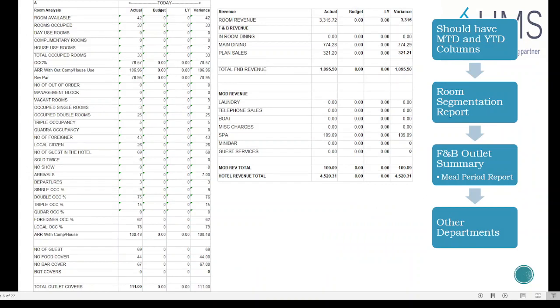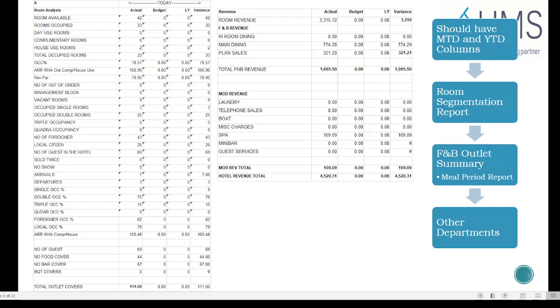Okay. And then there are usually the daily revenue reports that are generated out of the system. These reports are generated out of the system, but you cannot take them at face value.